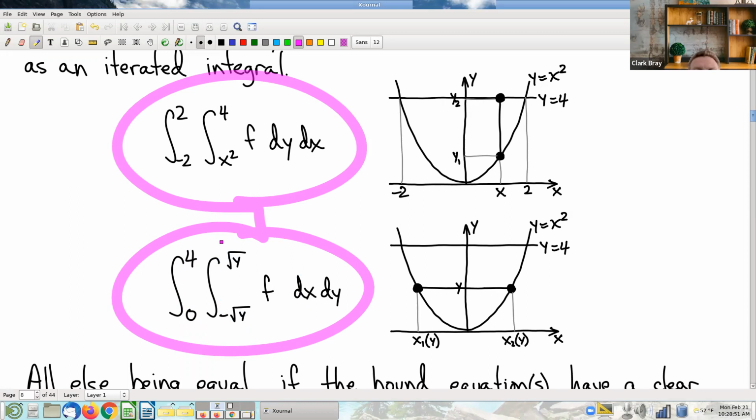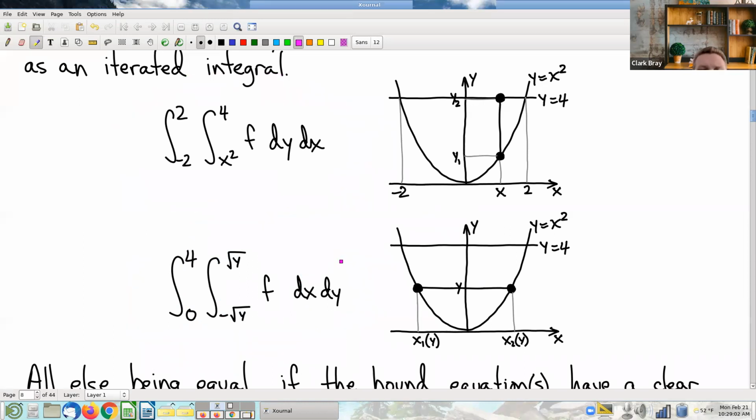You can trace back in some sense, where did this ugliness come from, and try to anticipate in advance which one's probably going to be the nicer approach. And I argue as follows: these x bounds that have the ugliness in them, where did they come from? They came from the fact that I had to solve for x in this equation. Why did I have to solve for x in that equation? Because x is on the inside.